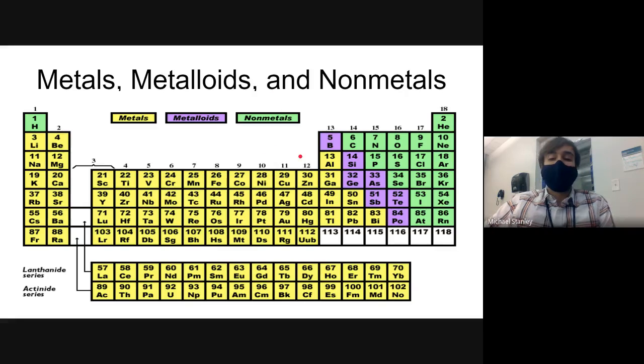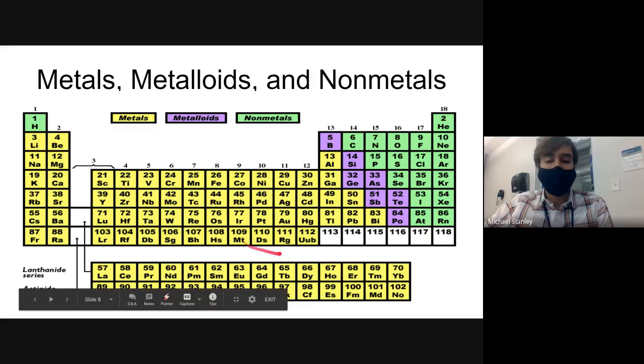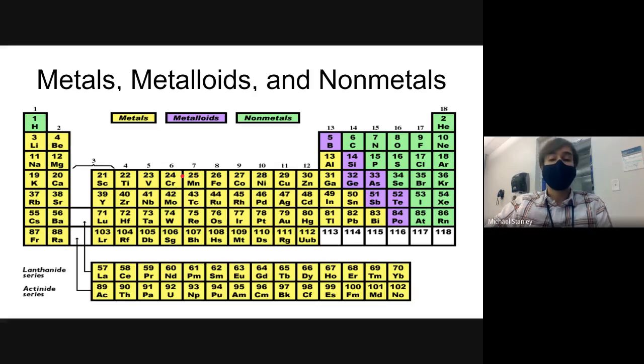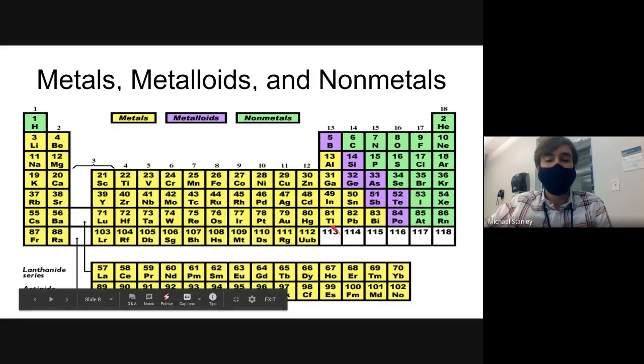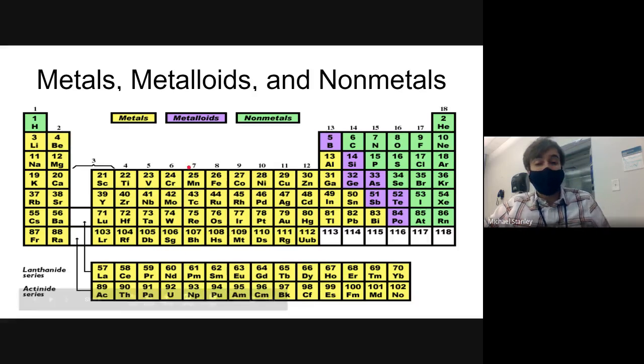So you may have noticed that we have some different colors spread out on our little mini periodic table here. And that's not just to make it look nice and pretty, but that's because we can group our atoms into 3 basic categories. We have the metals, which are in yellow and are the vast majority of atoms on the periodic table.